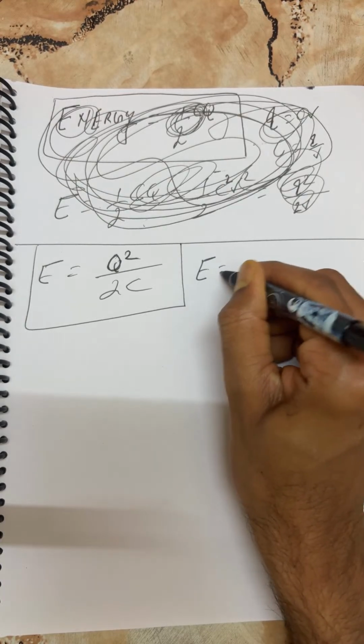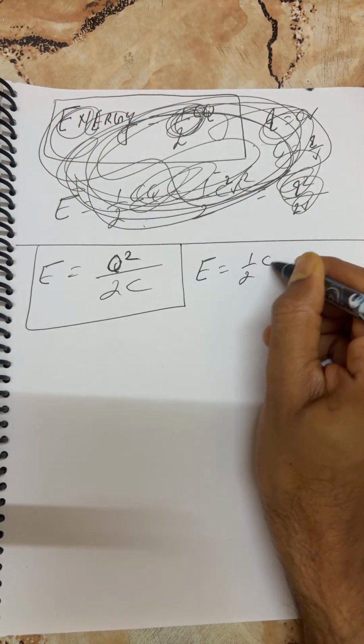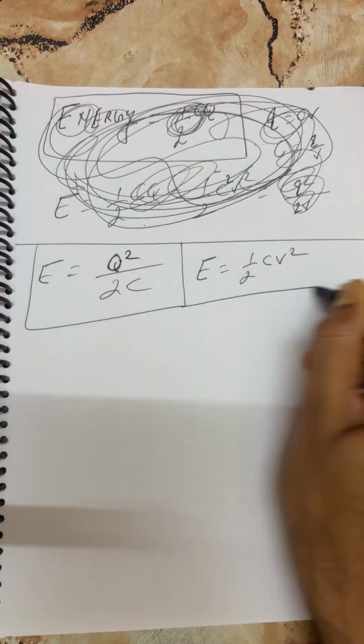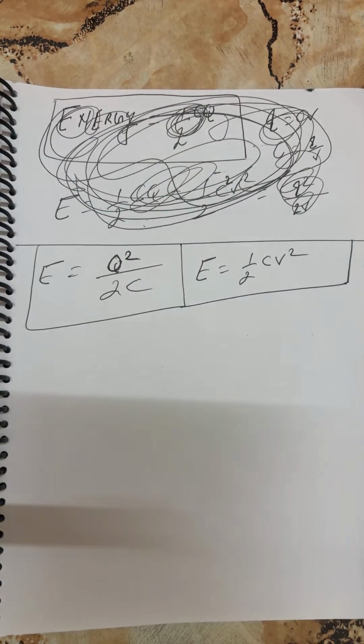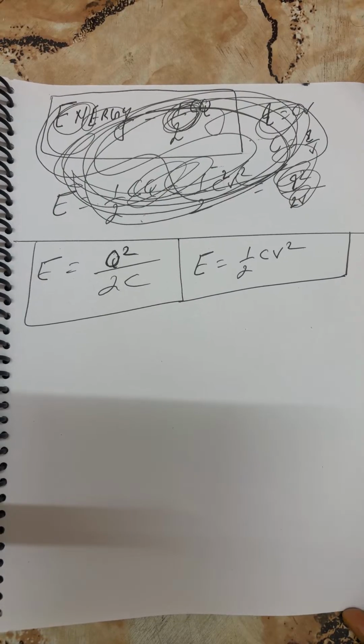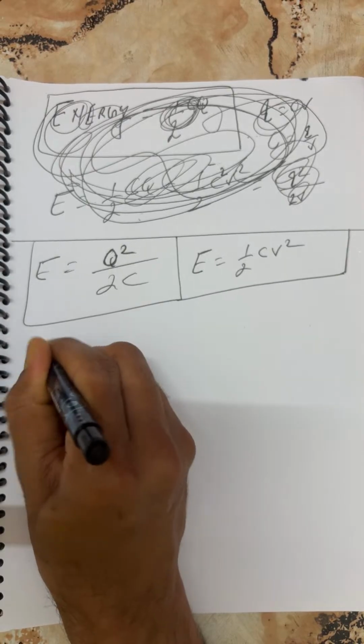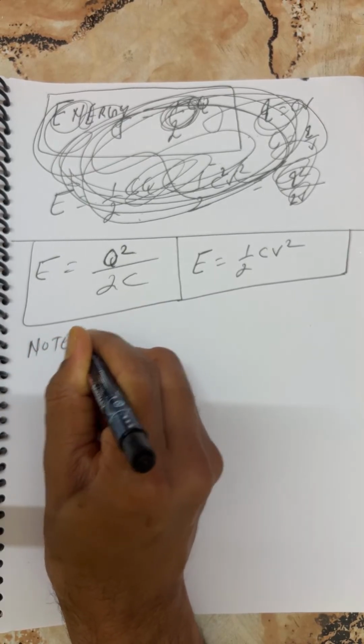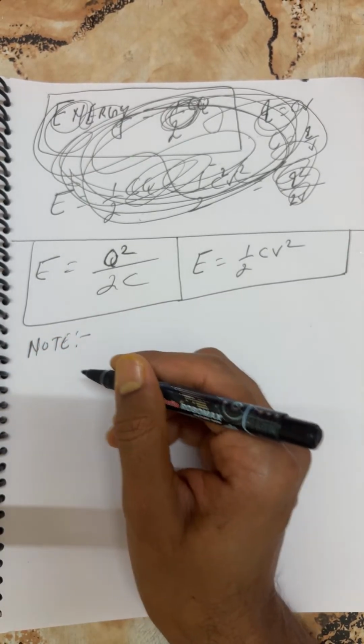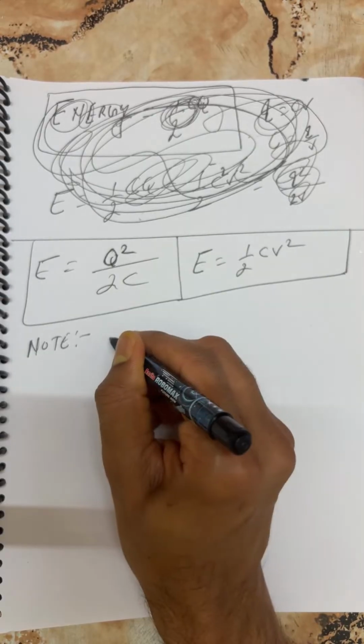So again, you can say energy is equal to half CV square. Energy is equal to half CV square. So beta, remember all these points. You can use any of them. Note, kids, note. N-O-T, note. Beta, it will be helpful. Right. This is what, my kids?